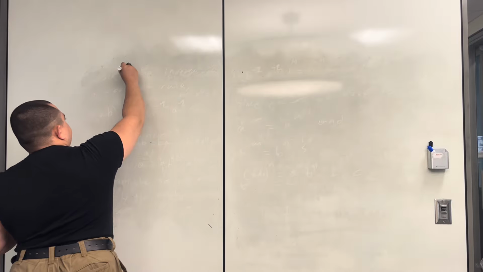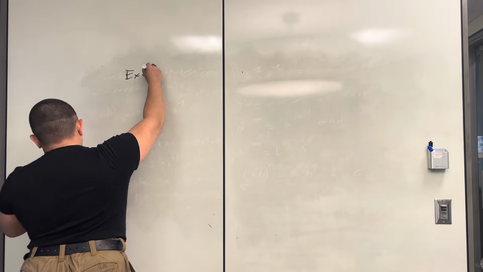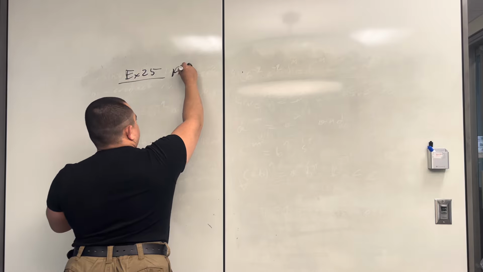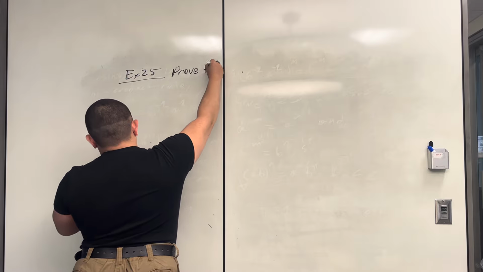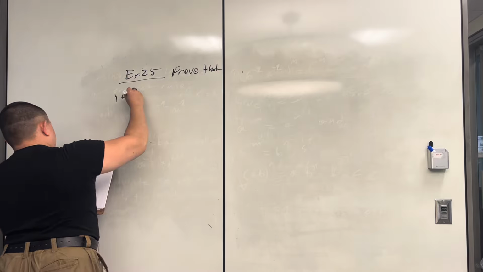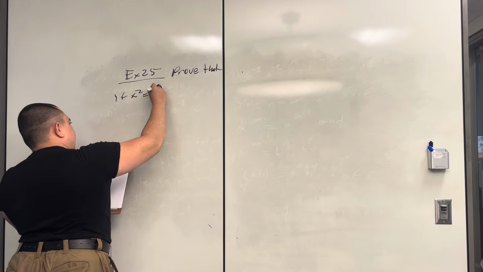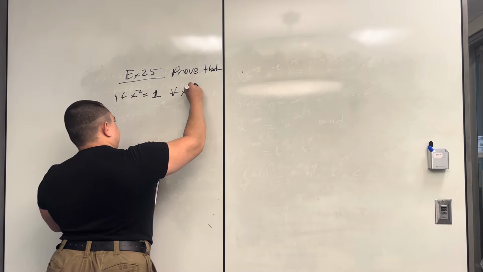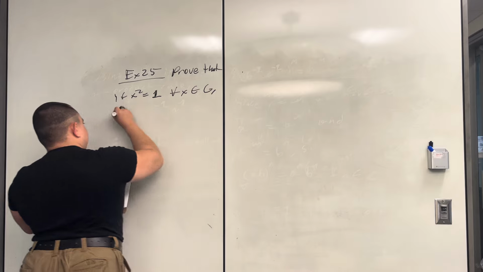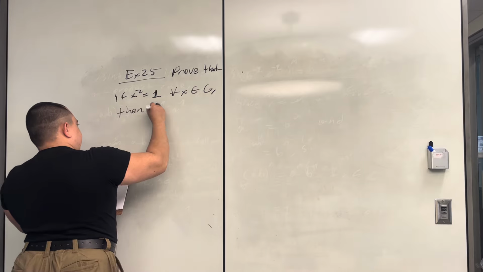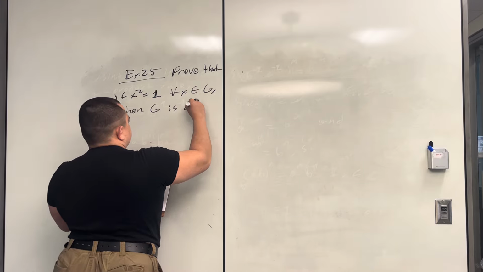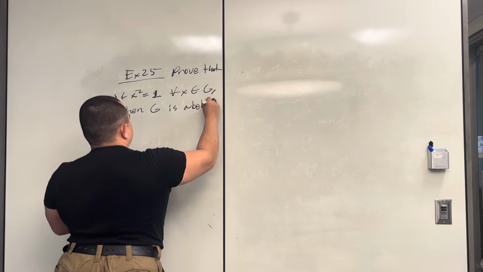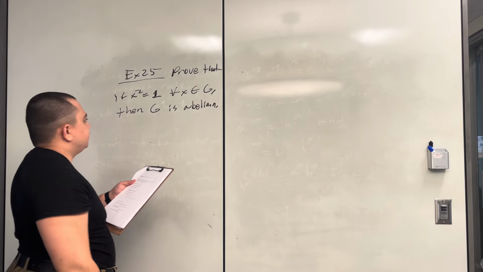So exercise 25, prove that if x squared is equal to 1 for all x within G, then G is abelian. Huh. I see.